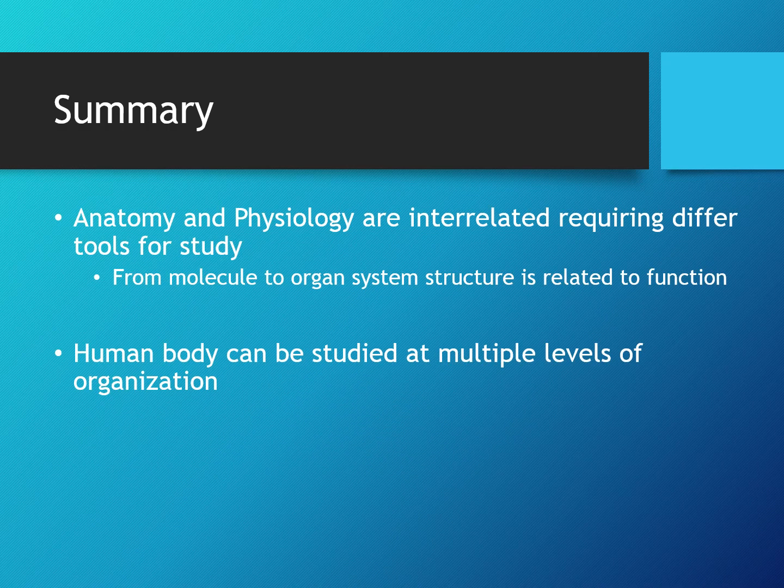So in this part of chapter 1, we've really focused on a couple of different things. First, we defined what anatomy and physiology are. We talked about how anatomy is related to structure and physiology is related to function. We said that these two things are interrelated and that there are different tools that we need to study them.